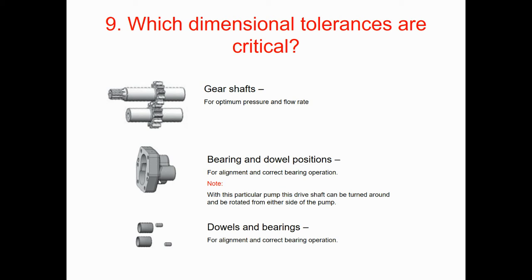Actually, we are going to have very critical dimensions where we need to fit the bushes inside the bearing holes, and this also should not compress the bearing size. And the same thing goes for the dowels. The dowels can be simply fitted by a light press fit inside the dowel holes. The dimension of the dowels itself should actually be a very critical dimension.